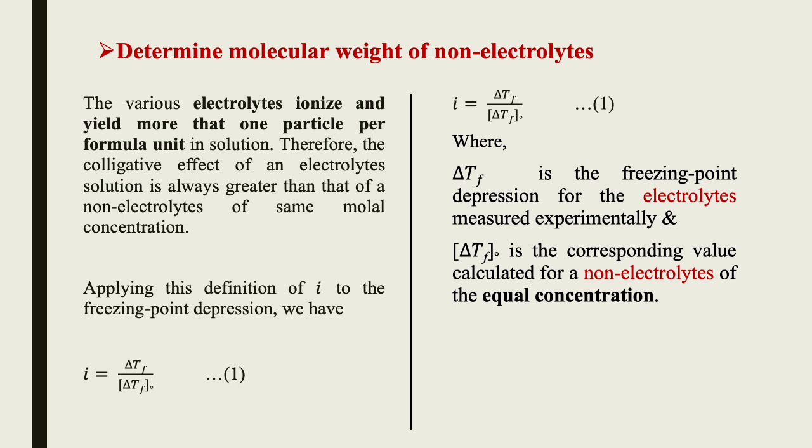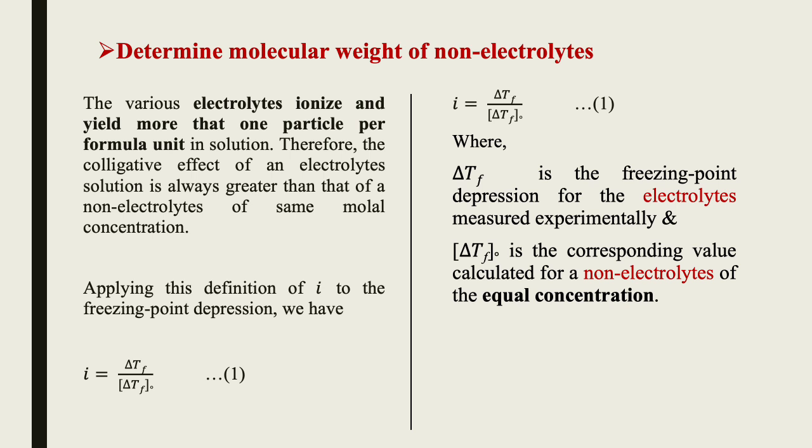You have taken 1 mole of sugar and 1 mole of sodium chloride, so you can compare this equation. You can check how much freezing point depression comes for the sodium chloride, and for the same molar concentration we can calculate the corresponding freezing point depression for the sugar.